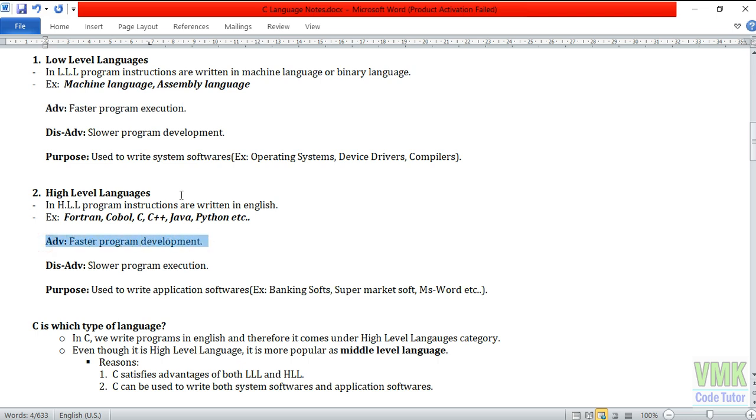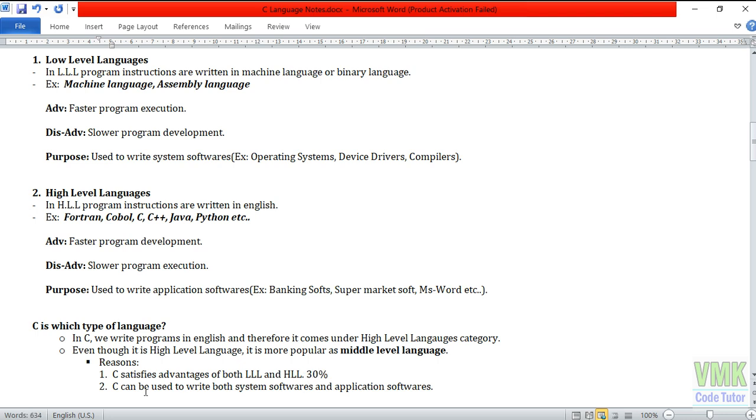In C we can write the program faster and the program also executes faster. As C satisfies the advantages of both, it is called a middle level language. But this is only a 30% reason.